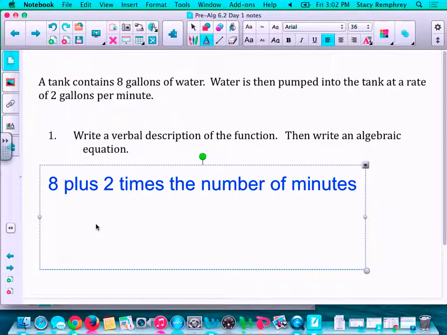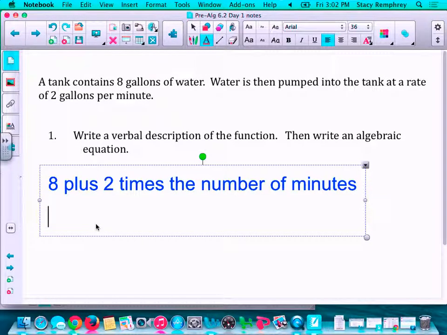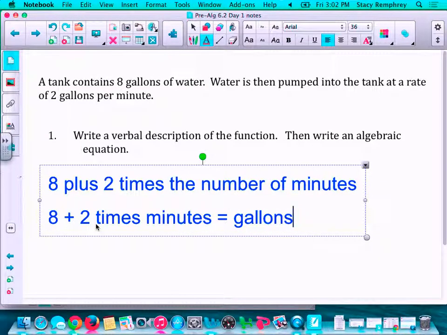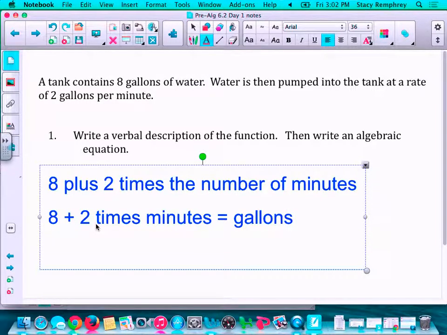And then I can change that into 8 plus 2 times the minutes equals the gallons. Okay, so after 1 minute, I'd have 10 gallons. After 2 minutes, I'd have 2 times 2 is 4, now add the 8 that were already there, 12 gallons.